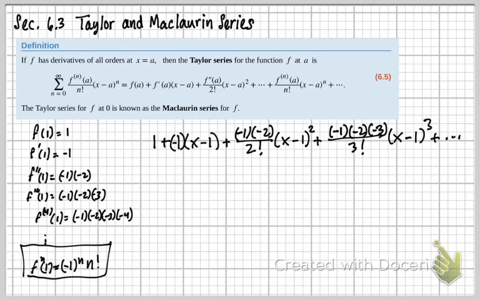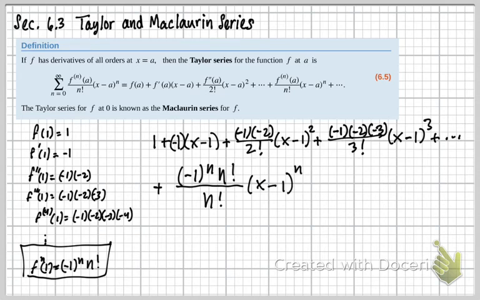And then I go plus dot dot dot. So then the one here is going to be the one we have at the bottom, negative 1 to the n, and n factorial on top over n factorial by the formula, times x minus 1 to the n.